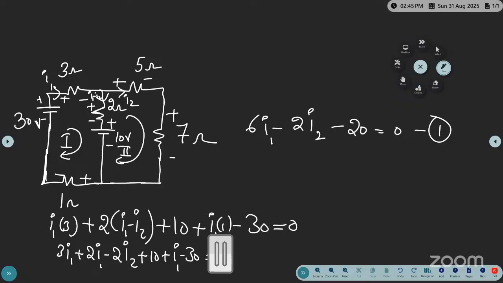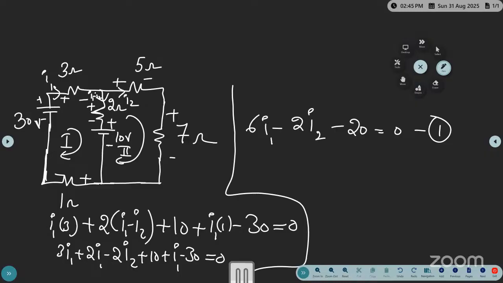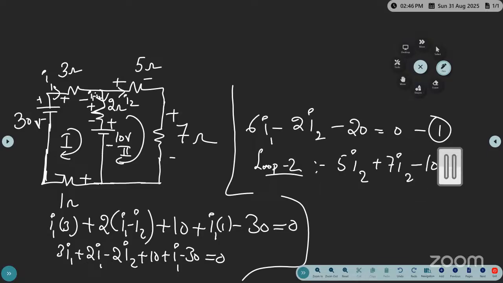Second equation. Second equation, you tell me. Okay, second equation. You are telling the final equation, but I am writing. For loop 2: 5 into I2 plus 7 into I2 minus 10 minus (I1 minus I2) into 2 is equal to 0.